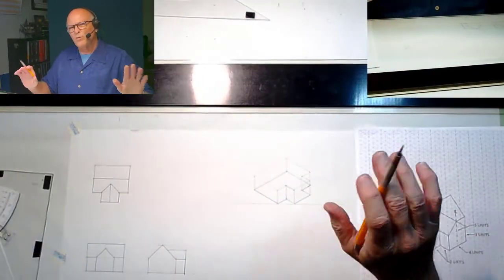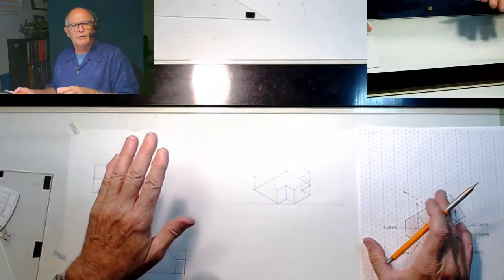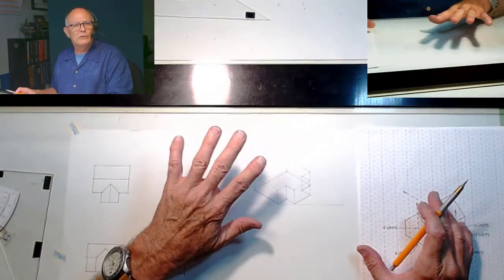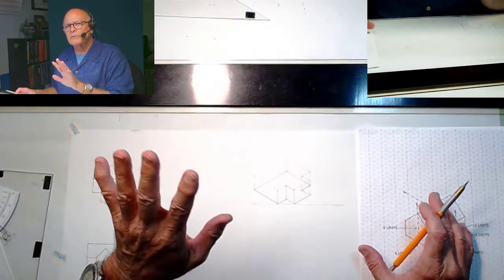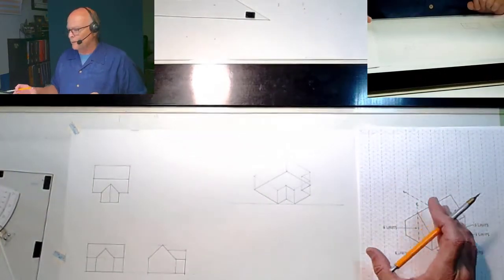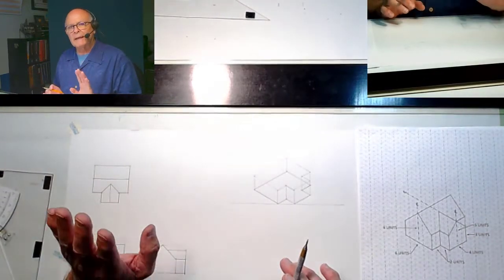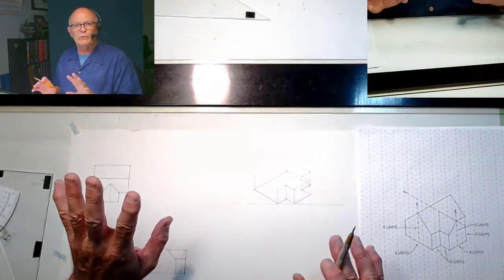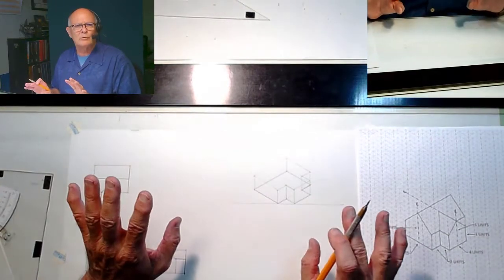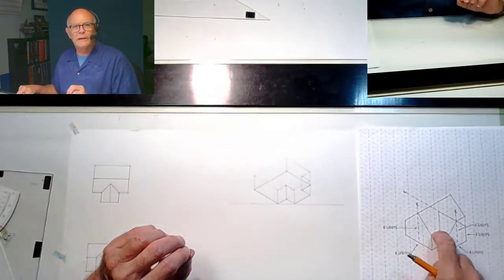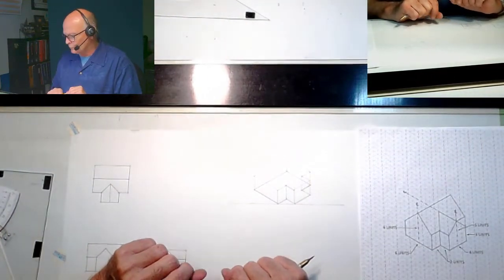Okay, now you've got to be a little cautious with some of this because you're going to start to see the light guidelines that you've created can start to create some visual confusion. You want to be a little bit careful with that. So in light of that, I would keep the light lines, the ones that you used as guides, keep them light so that you can erase them later. The lines that are prevalent that you see here will be the lines that we want to draw to.